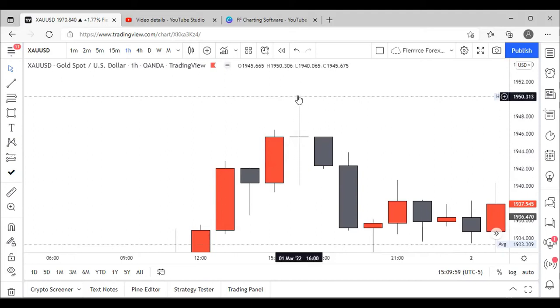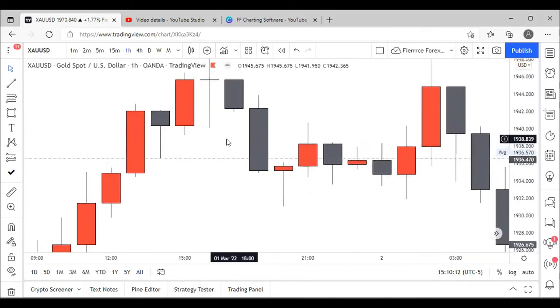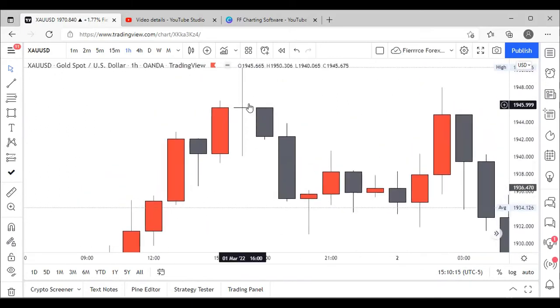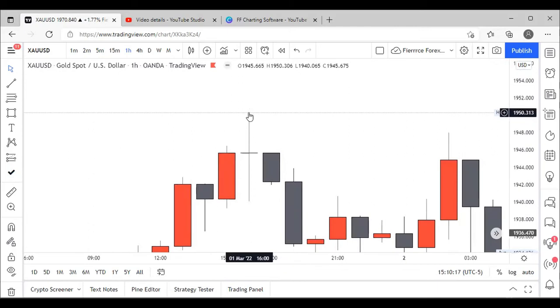So this high formed above this high, and that signified a down move. So this is the high close above this previous high, signifying a down move. It's not an engulfing candle or anything. It's just a close above the previous candlestick.